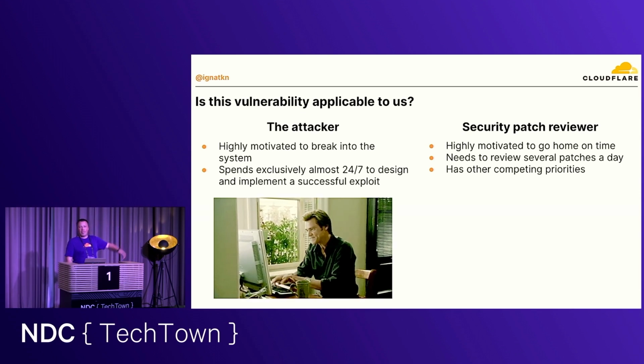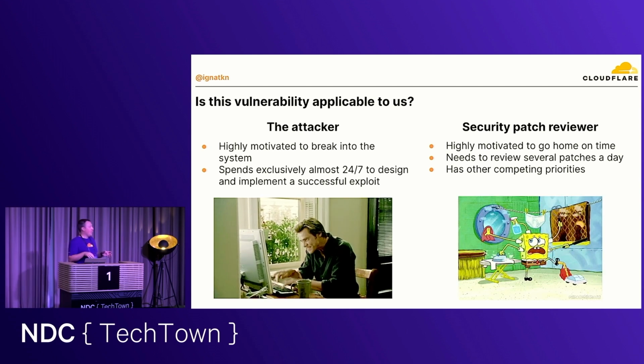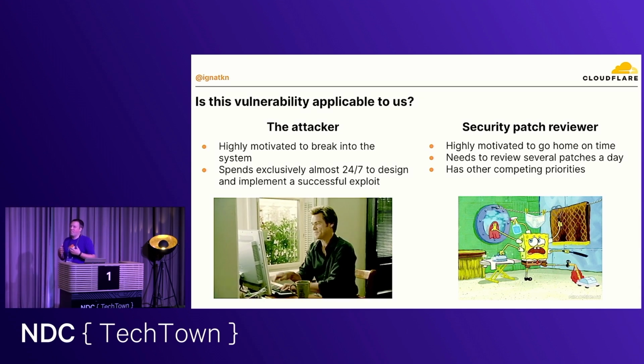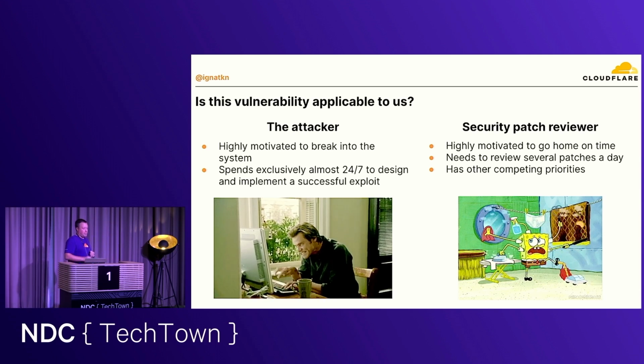And remember, we have these 100 commits, 500 commits. They may have other competing priorities. Security engineers are often tasked with security tooling, designing policies, et cetera. So that person will spend roughly 5 minutes looking at the vulnerability to give you an answer. But will that answer be correct? Probably not.